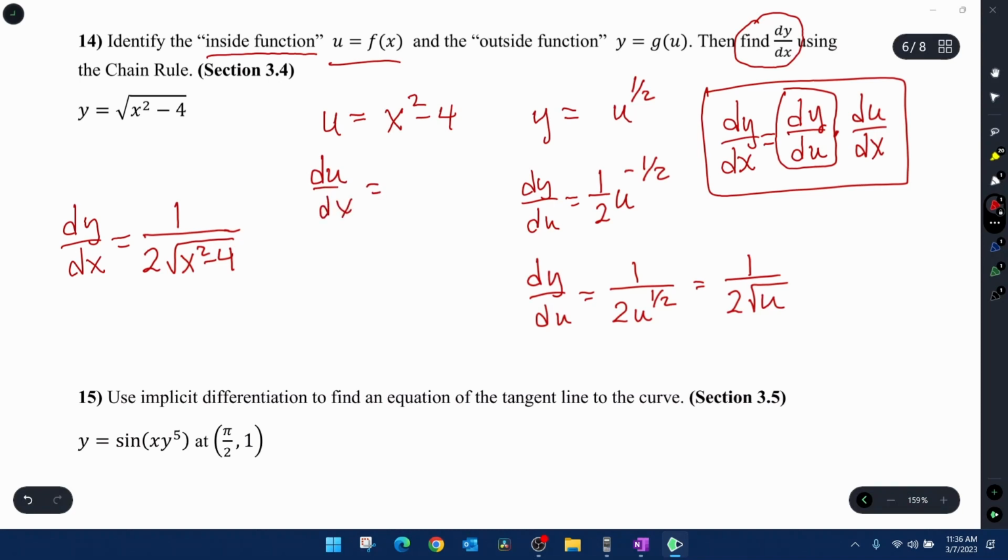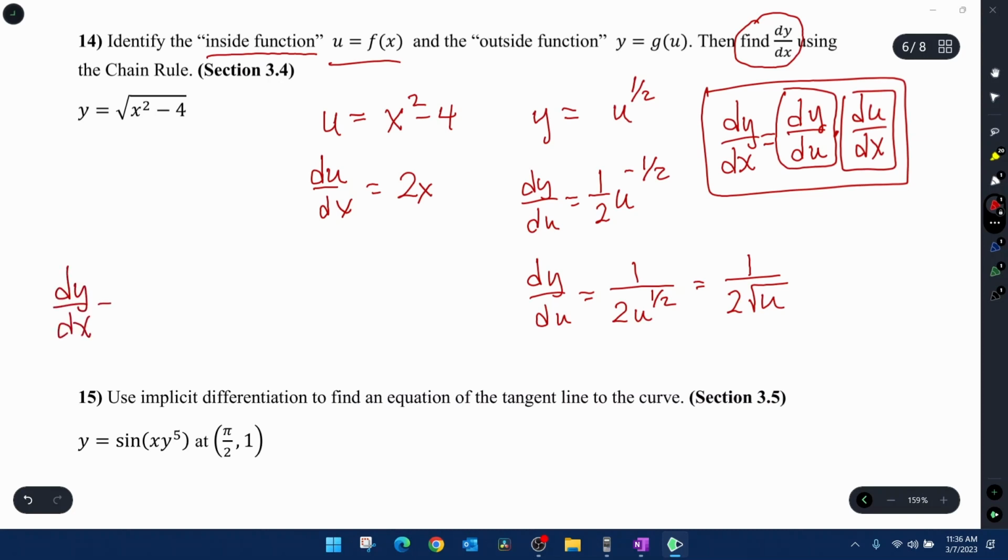Well, that part is easy. And that means that this needs to scoot down. Like so.